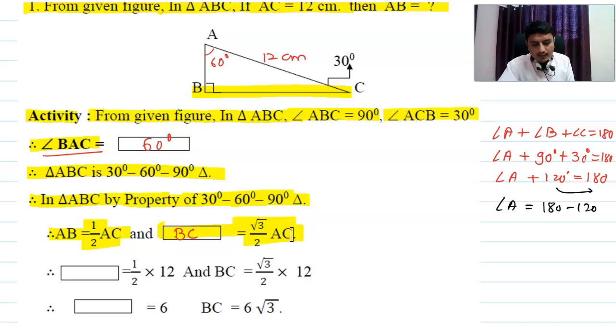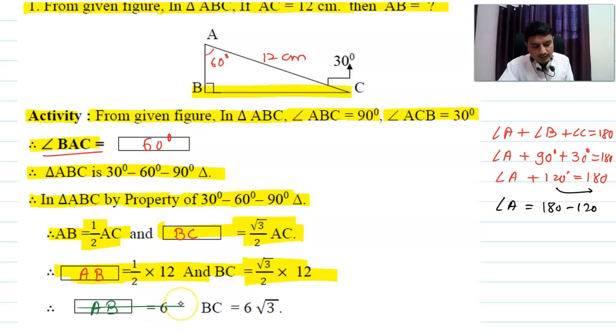So the value of AB equals half of AC, and AC is 12, and the value of BC equals root 3 by 2 times 12. Next, half of 12, half times 12, we are getting 6. Value of AB is 6.